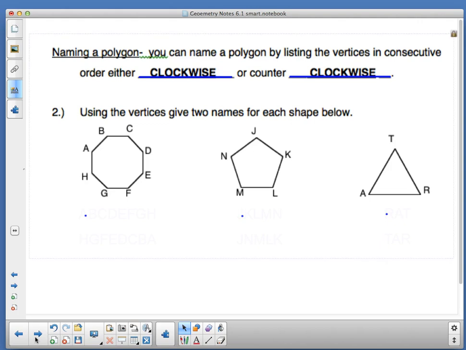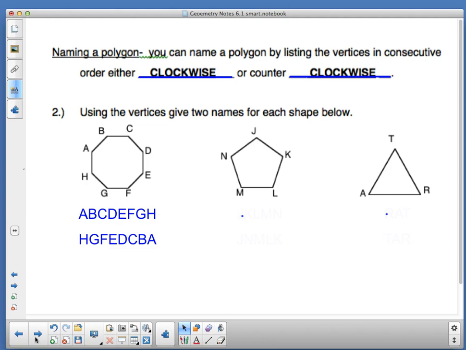I go from A to B to C to D to E to F to G to H to name the polygon, or I could choose to start at H and go from H to G to F to E to D to C to B to A if I wanted to go clockwise like I did in the first one, or counterclockwise like I did in the second one. So I've come up with 2 ways to name this polygon. That's 2 out of 16 ways I can name this polygon.